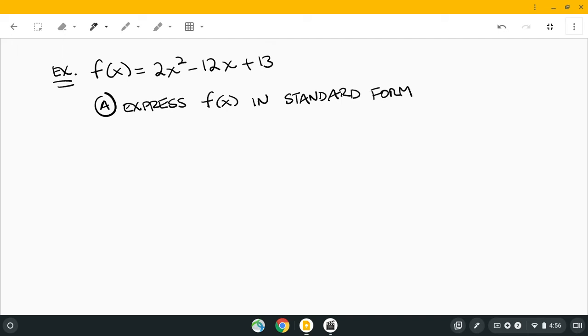Once it's in standard form, it's easy to find what comes next. B: find the vertex and intercepts.